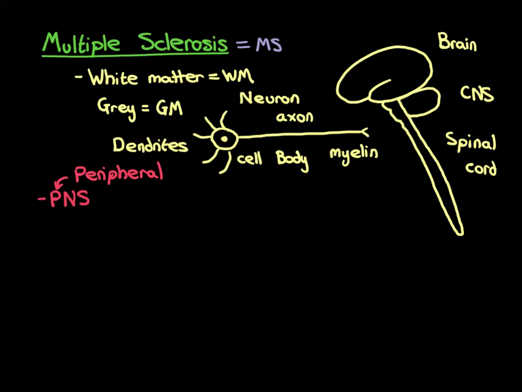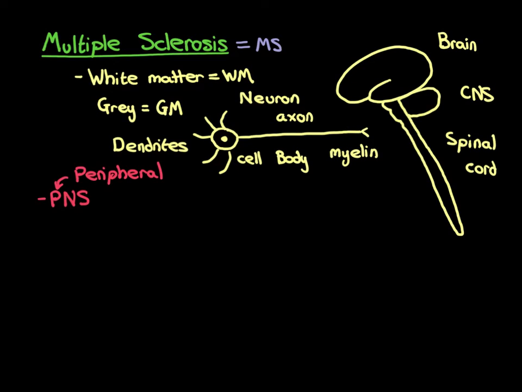So off the spinal cord, and indeed also off the actual brain, come nerves. So the cranial nerves come off the brain, and off the spinal cord we have loads of spinal nerves coming out. Those are not considered part of the central nervous system. They are considered part of the peripheral nervous system.